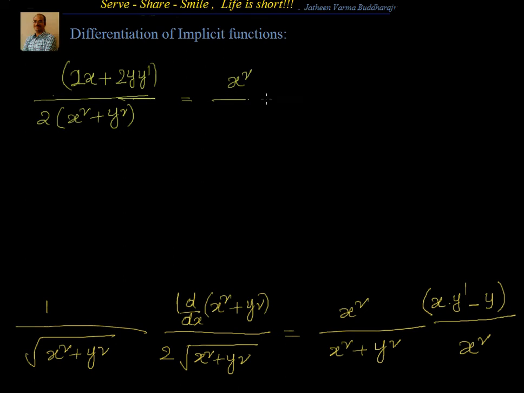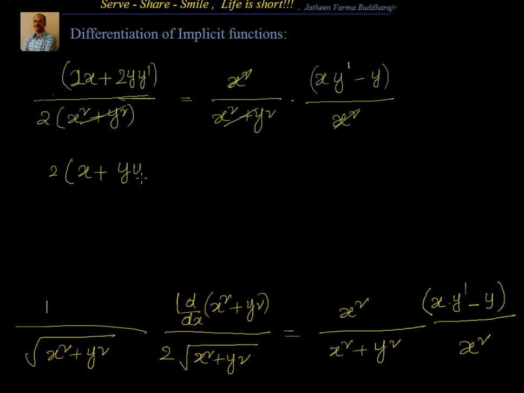And on the right hand side we have x square by x square plus y square, and I have to multiply that with x y dash minus y. Y dash is nothing but dy by dx, please remember that, divided by x square. So I can cancel x square, I can cancel x square plus y square, I can take 2 common, then it will become 2 into x plus y dash divided by 2 is equal to x y dash minus y.